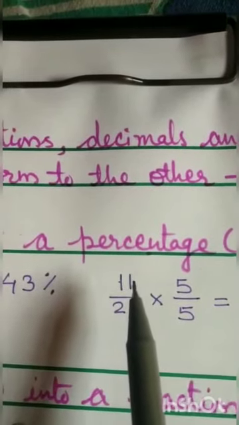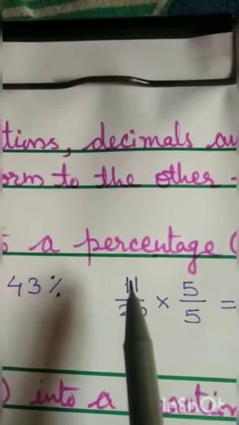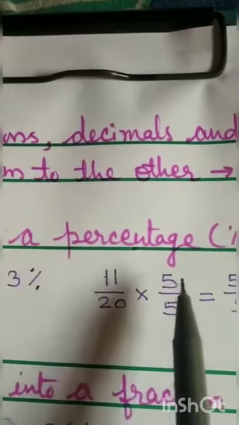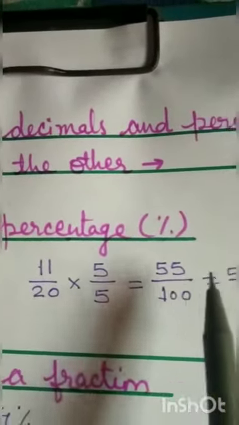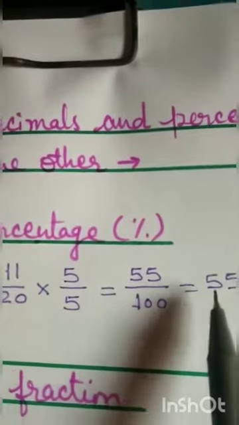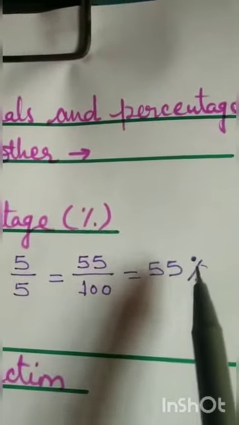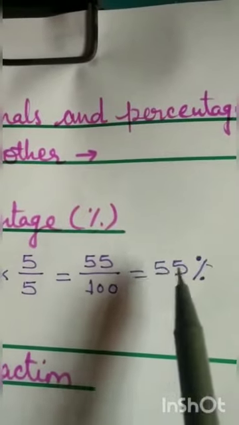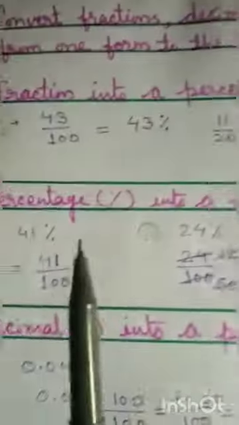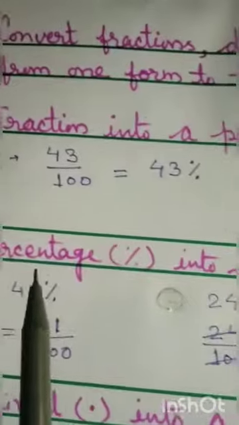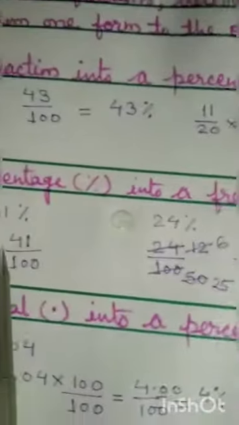So we have to multiply the numerator also. So 11 into 5, 55. 55 by 100, we write as a percentage, 55, the sign of percent. So 55%.